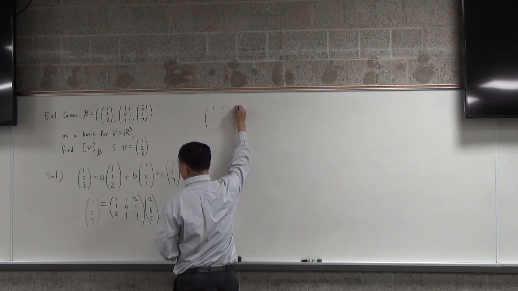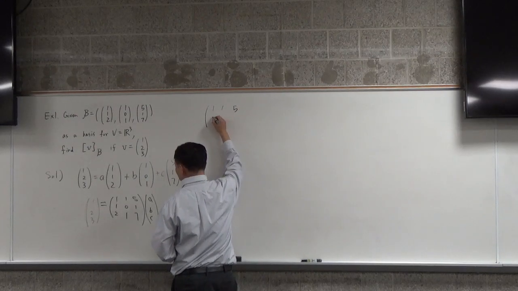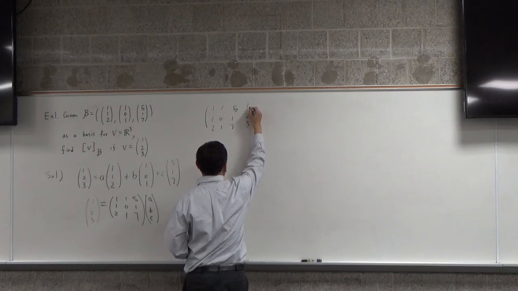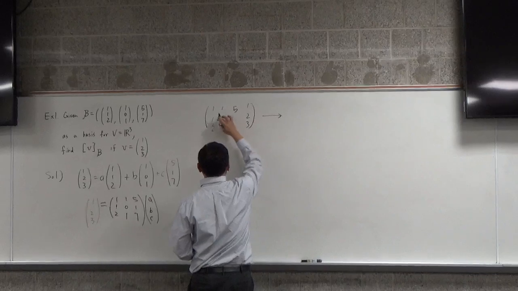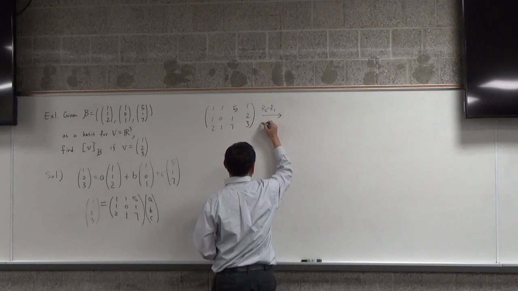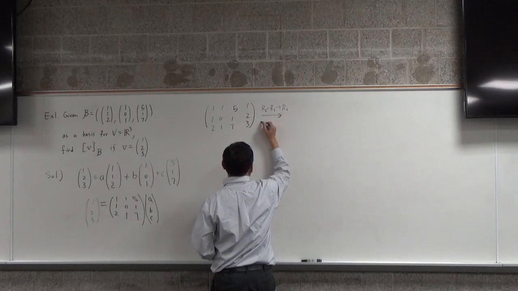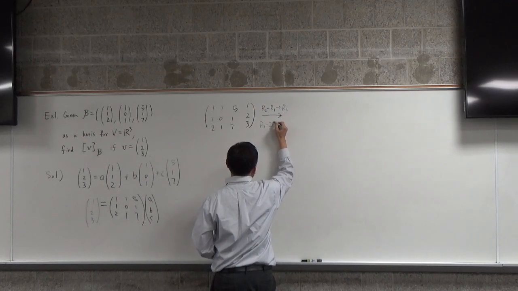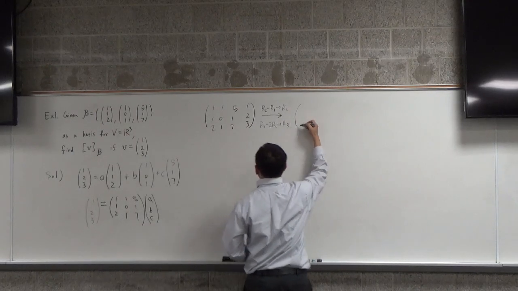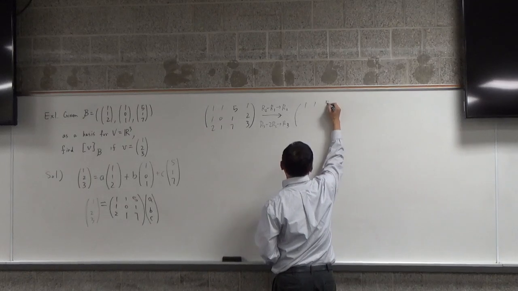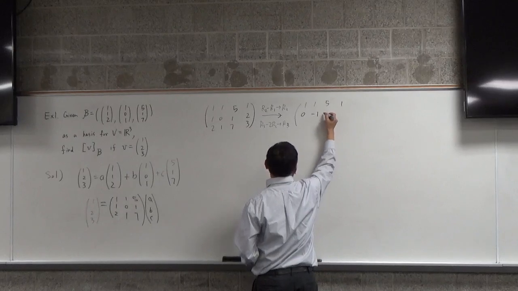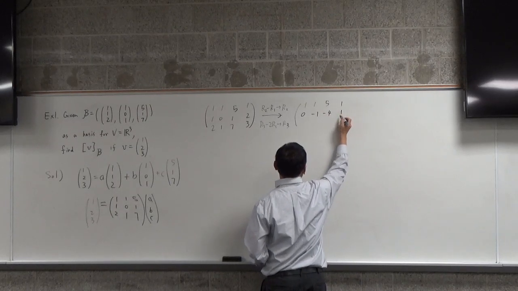1, 1, 5. 1, 0, 1. 2, 1, 7. 1, 2, 3. Okay. So let's subtract this. R2 minus R1, replacing R2, and then R3 minus twice R1, replacing R3, gives you 1, 1, 5. 1 doesn't change, but then subtracting, you get 0, -1, -4, 1.